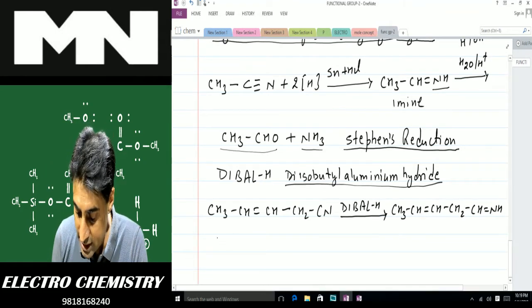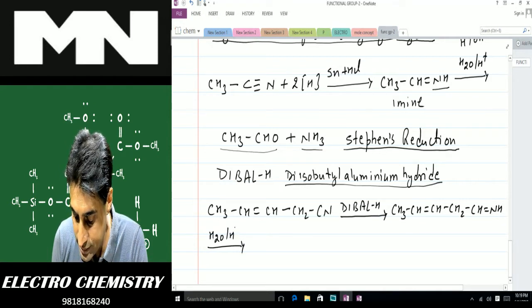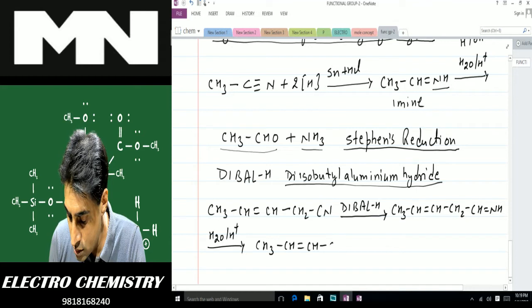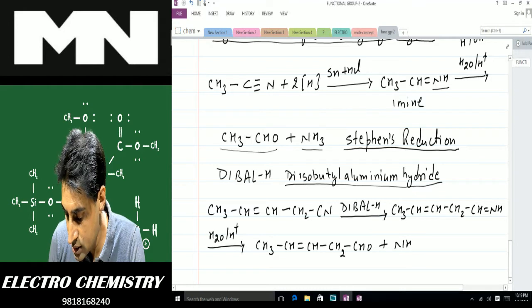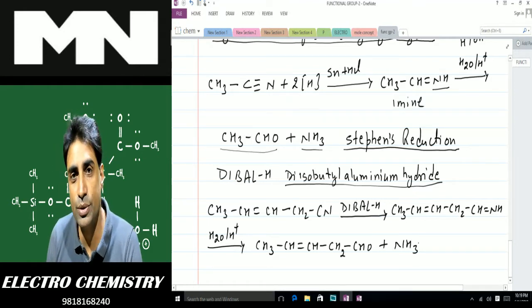This compound is then followed by hydrolysis by dilute acid, as I told you earlier. So this will give CH3 CH double bond CH CH2 CHO plus NH3.